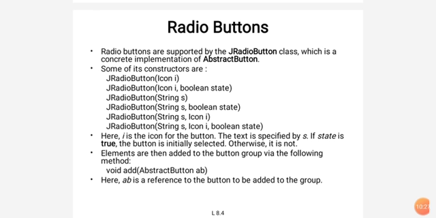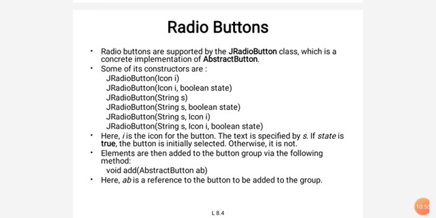In these constructors, i represents the icon of the button and the boolean state represents, once again, whether, if true, the button is initially selected, otherwise it is not. And the string s is whatever text you want to display beside that radio button. After that, if you want to add one more option to this radio button, then we can go for void add(AbstractButton ab).